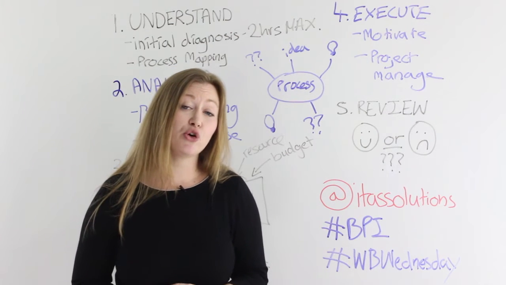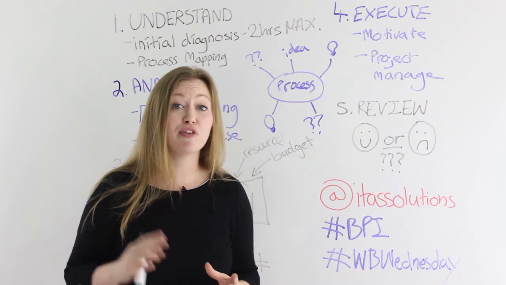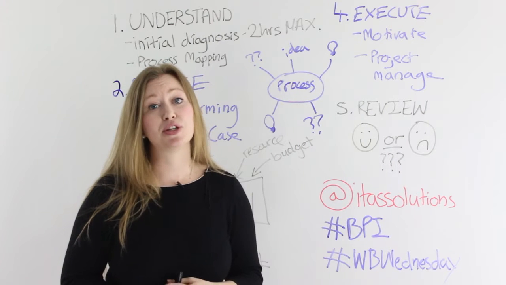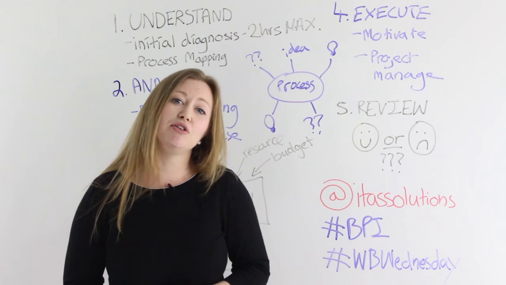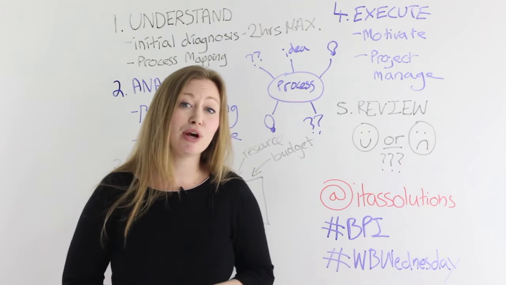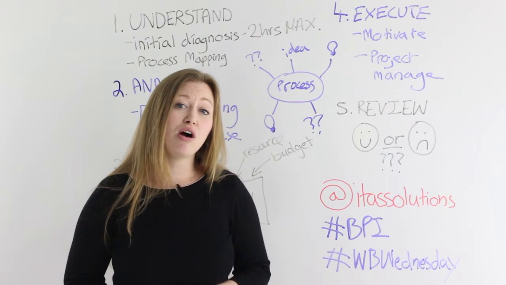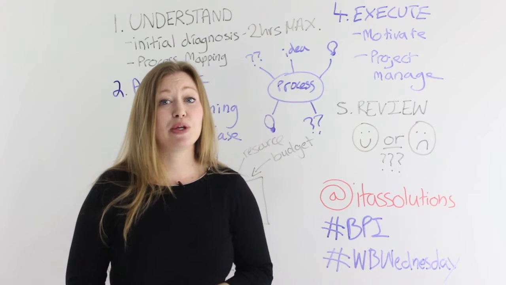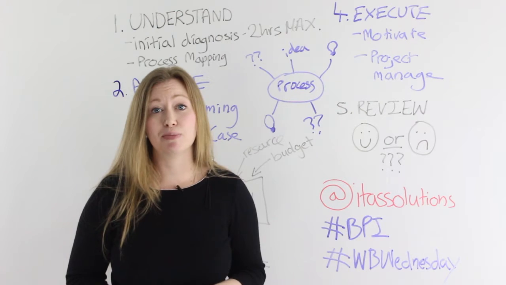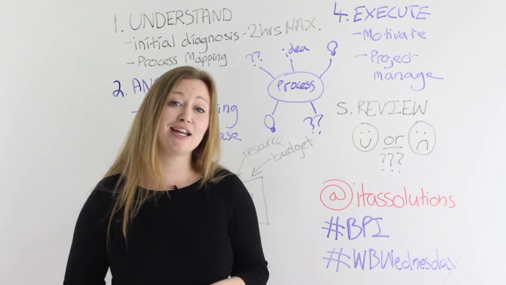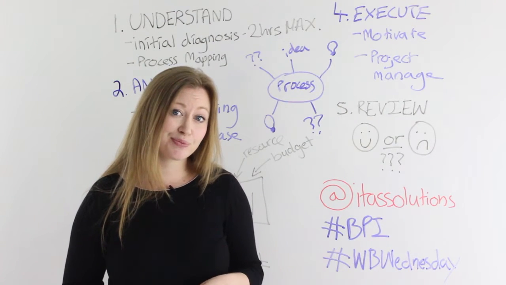If you've never done it before, then I suggest you have a look at some of our future videos. You can subscribe to the YouTube channel and we'll be releasing those shortly. Alternatively, you can download our Getting Started Guide to Streamlining Your Processes. That's also got a section on process mapping, and we will also be releasing a guide to process mapping in the next couple of months, so please sign up to our BPI Buzz and you will get that straight to your inbox.